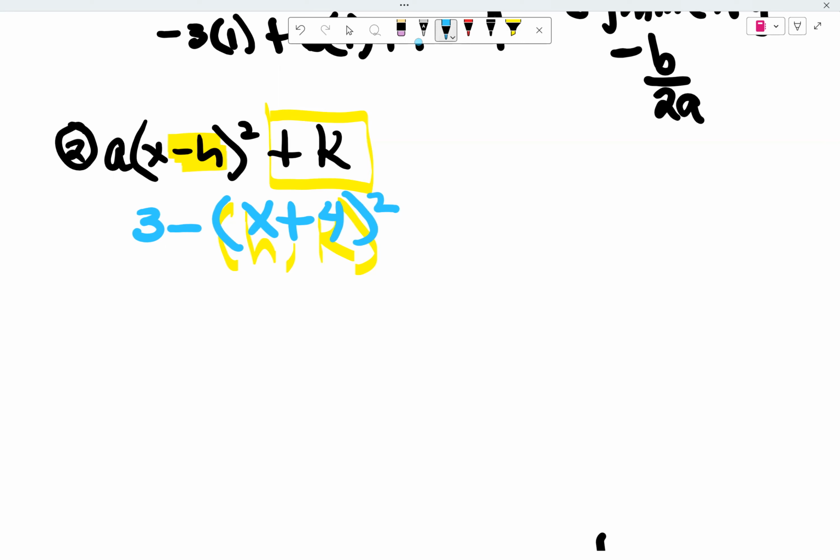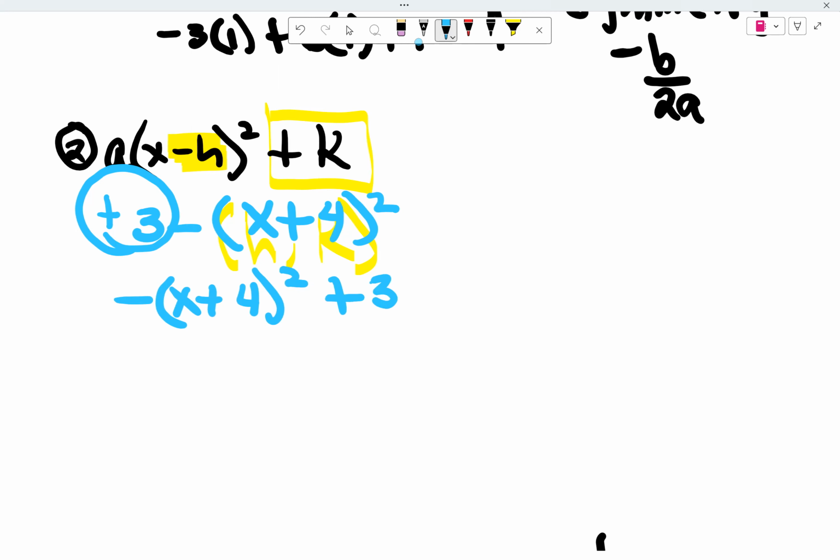Consider that this is the a value and this is the vertex. This really is negative of x plus 4 squared plus 3. As a result, I know that the vertex is negative 4 comma positive 3. This is always the opposite sign. This is not.